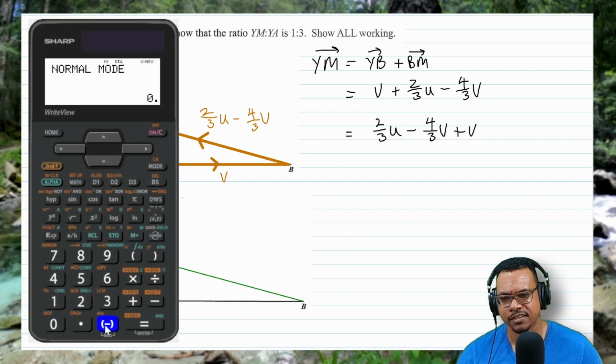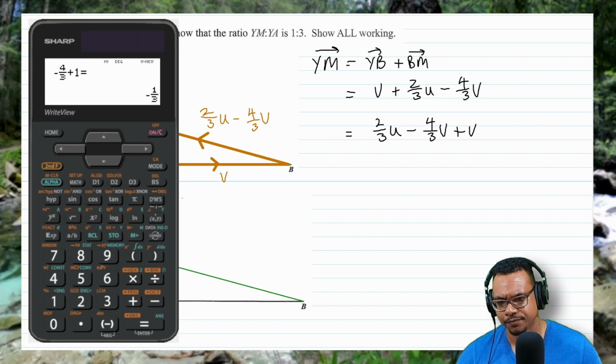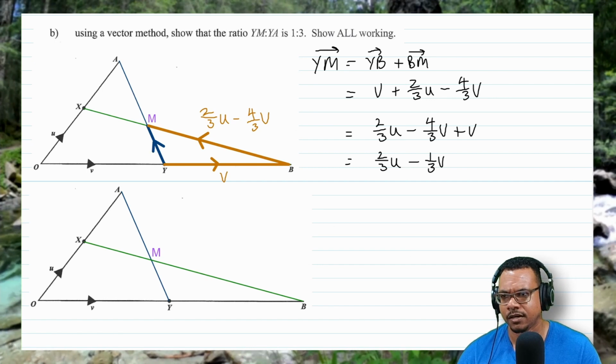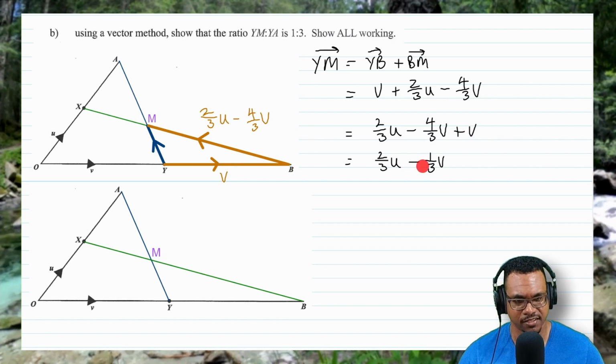Let's go on the calculator and put negative 4 over 3 and plus 1, and we get negative 1/3. So what we're going to get here is 2/3 u take away 1/3 v. That's because negative 4/3 plus 1, because this is 1v, will give you negative 1/3. So this is our vector YM.